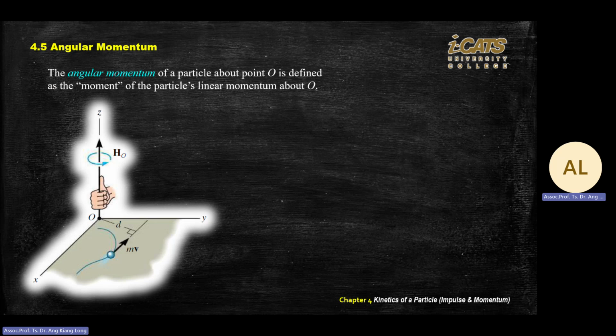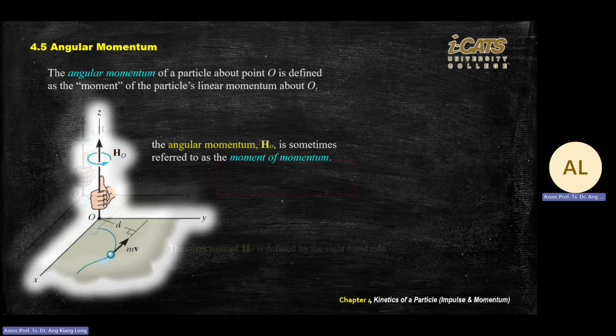And if the question asks you to solve angular momentum, you take the line of the momentum, multiplied by the perpendicular distance d from the origin O, then you get angular momentum. Okay? Or sometimes we refer to it as moment of momentum. Another word for angular momentum is moment of momentum.